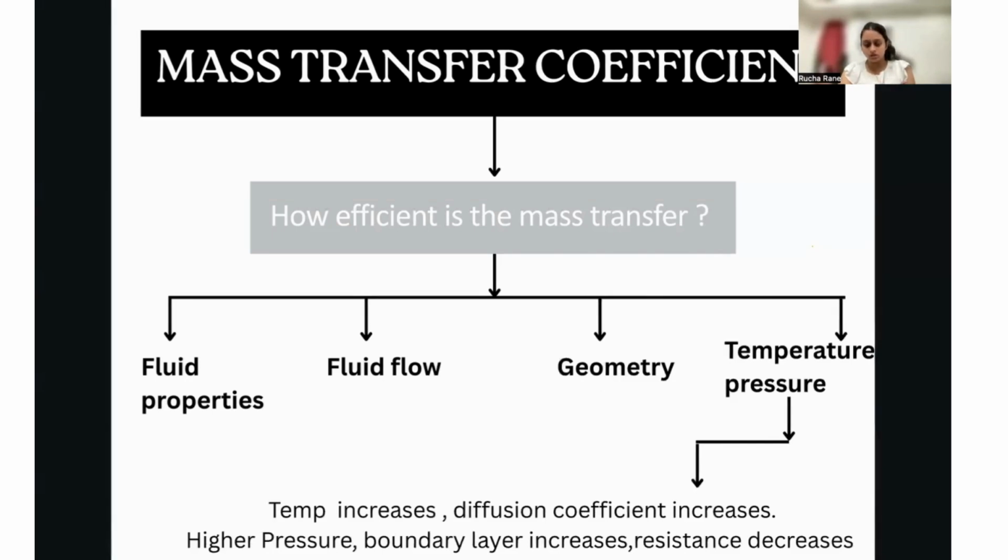But according to the film theory, the mass transfer coefficient is inversely proportional to the diffusion coefficient. So if the diffusion coefficient increases, your mass transfer coefficient decreases, which basically means your mass transfer decreases. And if there is a higher pressure, then your boundary layer increases and your resistance decreases. So that will enhance your mass transfer, right?